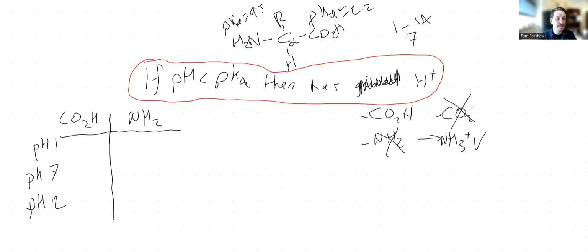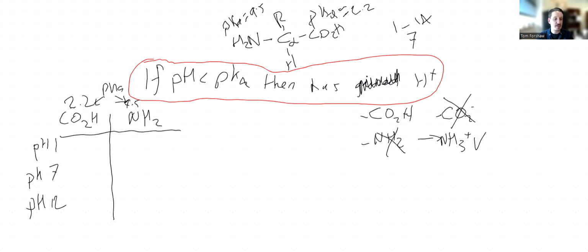At pH 1, we'll draw our 2.2 and our 9.5, the pKa values, just to remind you. So at pH 1, is 1 less than 2.2? Yes. If 1 is less than 2.2, then it has H plus.